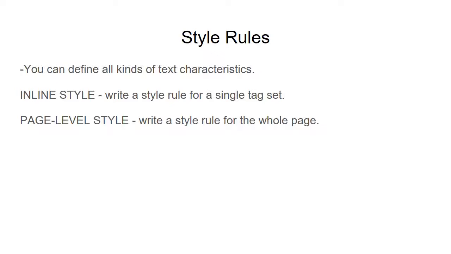There's two ways right now that we're going to do to style a page or text. Inline style will allow you to write a style rule for a single element, a single tag set. So if you have 10 paragraphs in your document and you only want to add special style to one, then you write a style rule along with that line, and it only affects that one line.